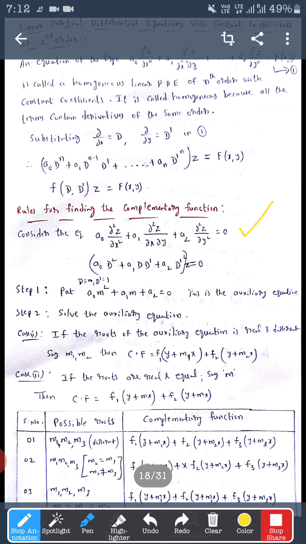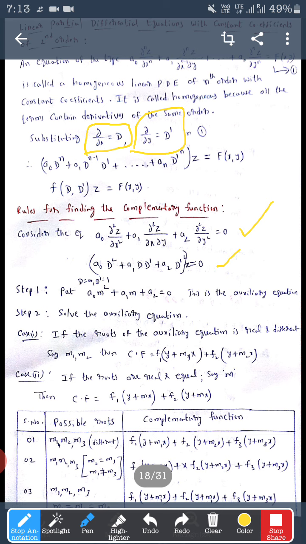Therefore, this changes into the form a naught D square plus a1 D D dash plus a2 D dash square into z is equal to 0.